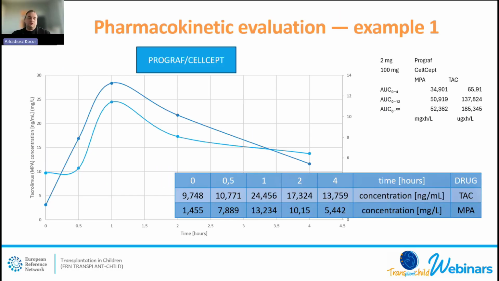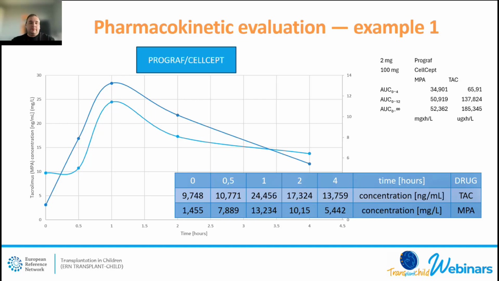And now I would like to show how we perform the pharmacokinetic profiles. It's some examples. The first one is to concomitantly measure tacrolimus with mycophenolic acid, and we perform a simple but full pharmacokinetic analysis, and Jacek interprets this data and adjusts the dose, or we help with the dose adjustment.